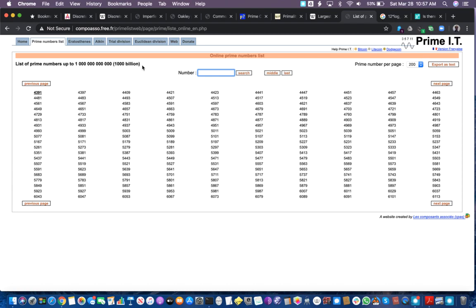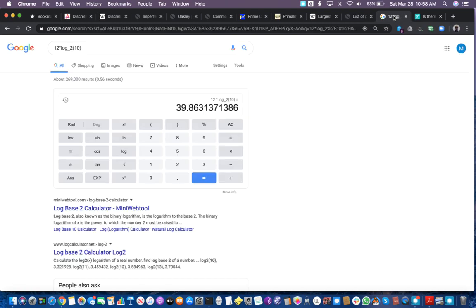Could you find something of crypto value in here? Well, let's ask, how big is 1,000 billion? So 1,000 billion is actually a trillion, which is 10 to the power 12. So what I want to ask is, what is the bit length of 10 to the power 12? How do I get that? Well, the bit length means 10 to the power 12 is 2 to what power?